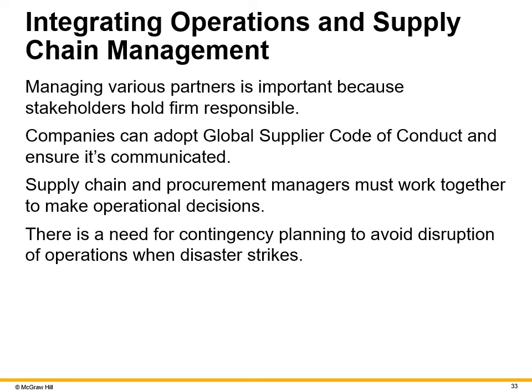Businesses can manage the risk of the global supply chain through the following: adopting a global supplier code of conduct, encouraging compliance and procurement employees to work together to ensure ethical sourcing and practices that are reasonably priced, creating a diverse supply chain to minimize risks, and, last, performing regular audits on suppliers to ensure compliance to standards.